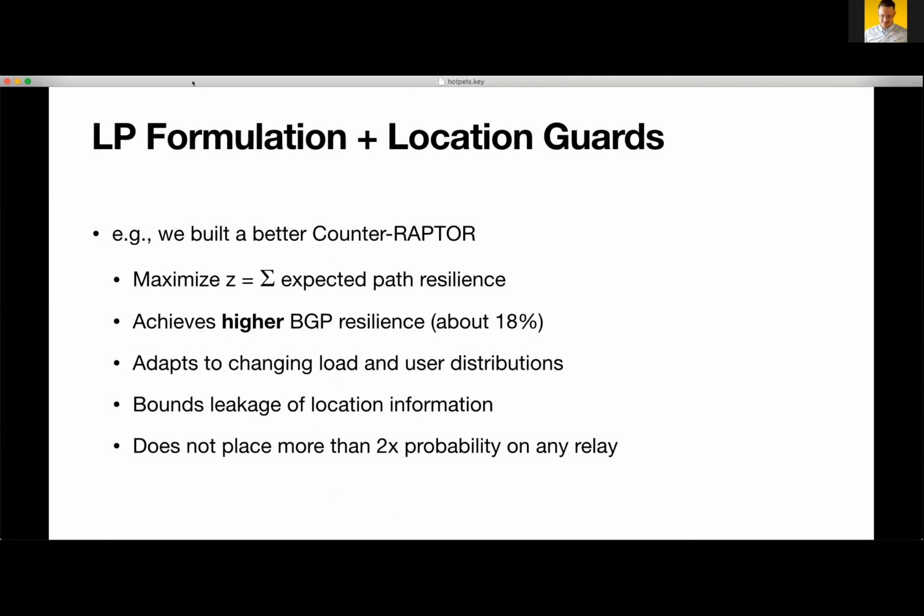We tried plugging in a different objective function to this LP framework, and we built a better Counter-Raptor, one which actually achieved higher BGP resilience than the original Counter-Raptor design, which is surprising because we placed explicit constraints on the solutions that we could obtain, and still we were able to actually achieve a better objective value than what the original designers were able to achieve.